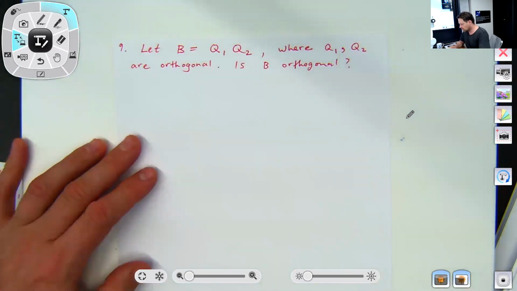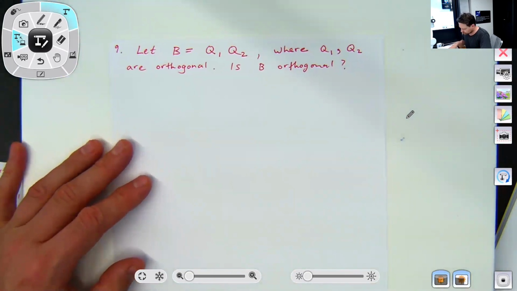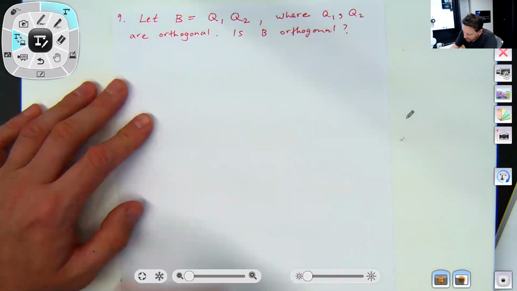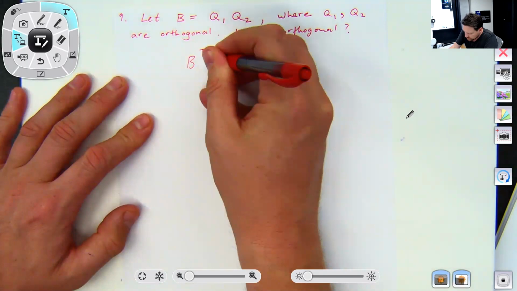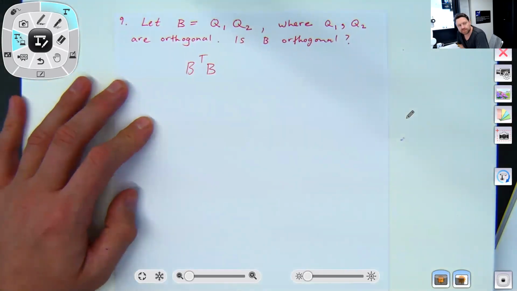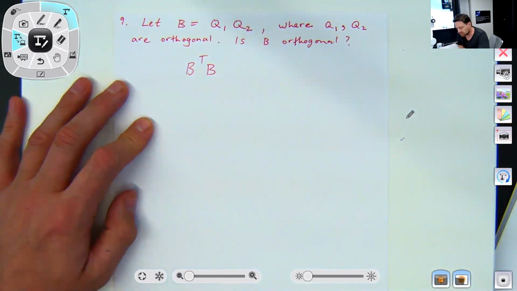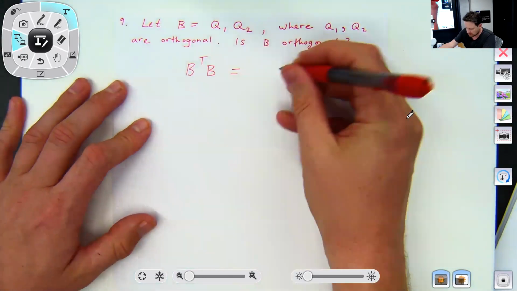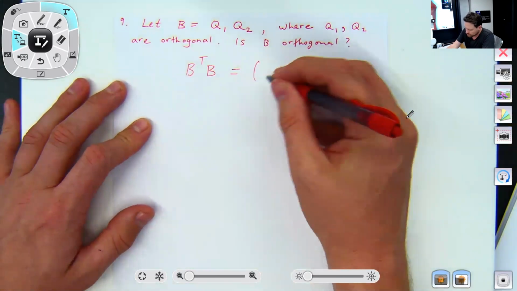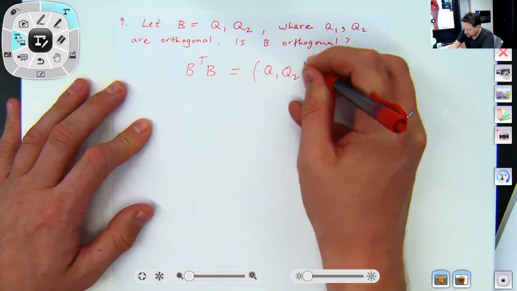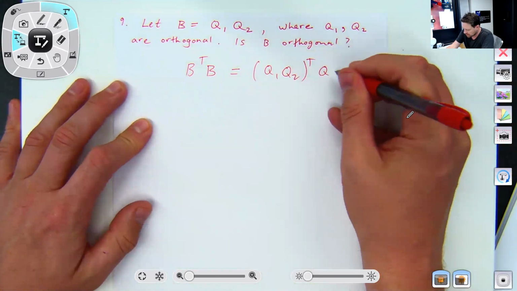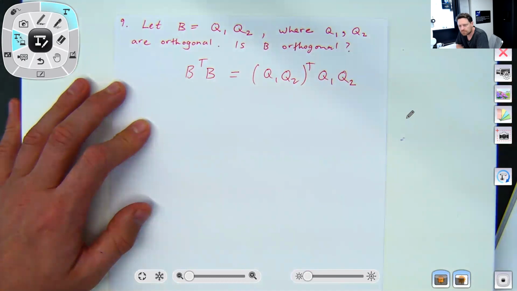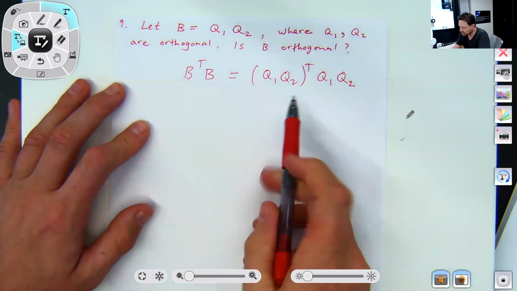All right, so working with that then, I want to check B transpose B, all right? Because if I get B transpose B equal to the identity, then I know that this matrix B is orthogonal. Okay, so then subbing in, what we have is bracket Q1 Q2 transpose, and then Q1 Q2, which is B. Okay, so we need to use our rule on this.